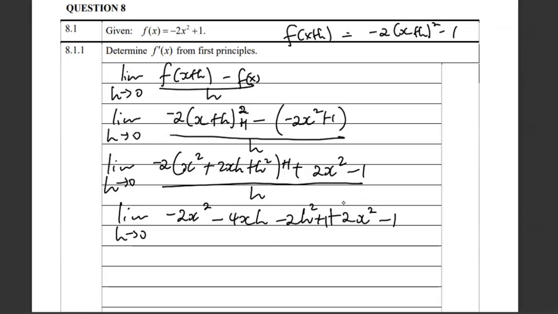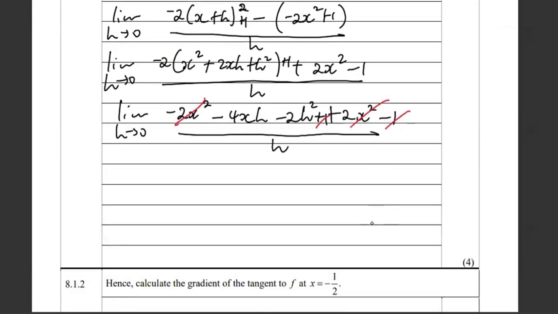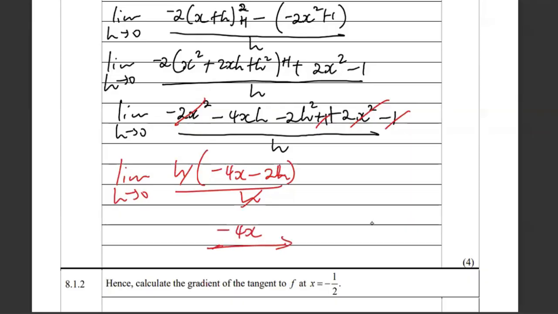Okay, so if that 1 is there, remember we are dividing by h, because the f of x needs to cancel out everything. So this cancels, this cancels that. Okay, then my next step is to factor out the h. I'll have negative 4x minus 2h over h. So this cancels that. And then I substitute h with 0, which means it's negative 4x.